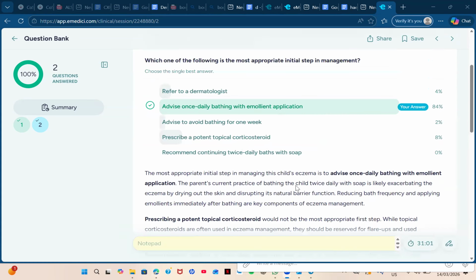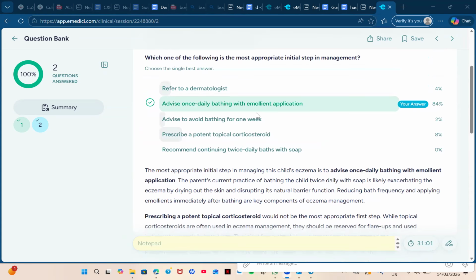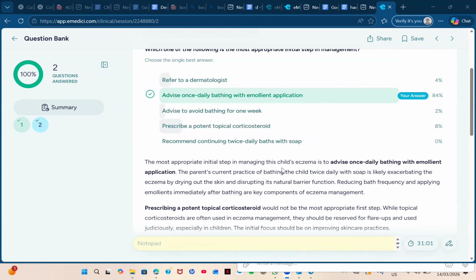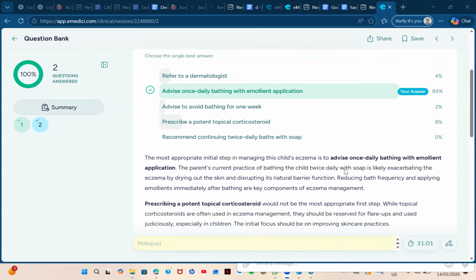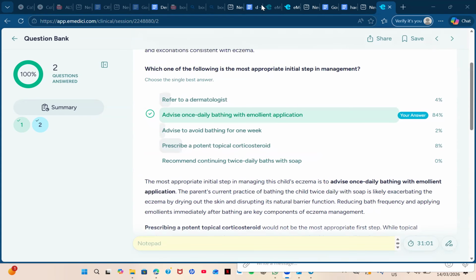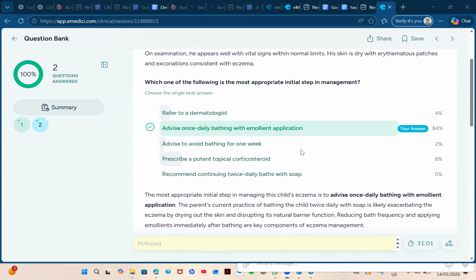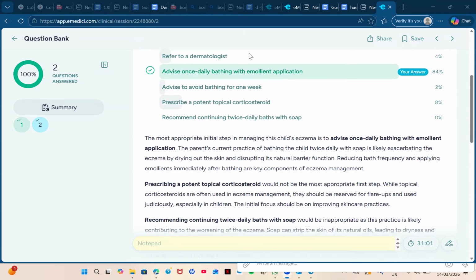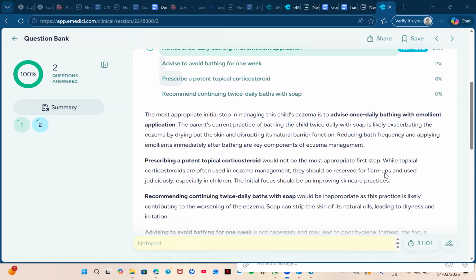Because the first time, most of the doctors went with topical corticosteroid as the initial management. In my recall class also, most of the doctors chose this one, I remember. Please always remember what is first line, what you should do first.